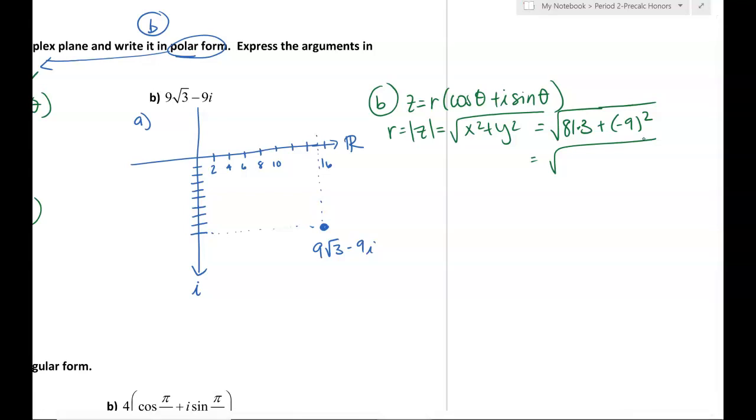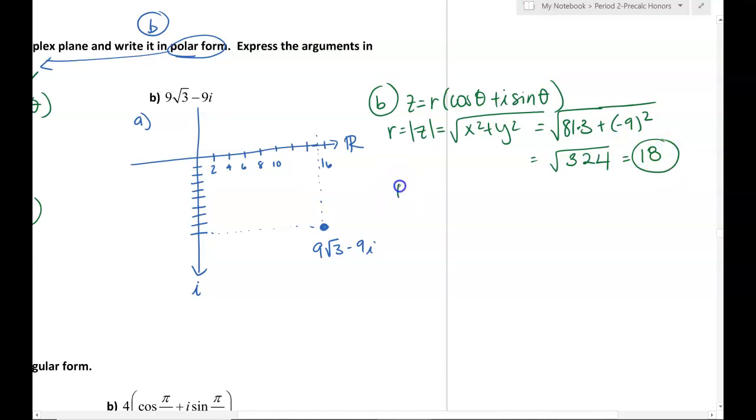So under the radical, I have 324. Let's simplify, because that's a perfect square. That's 18. Now we can leave 18.